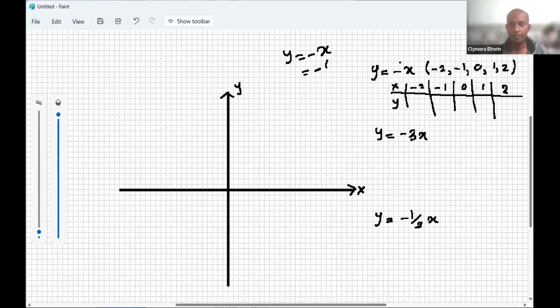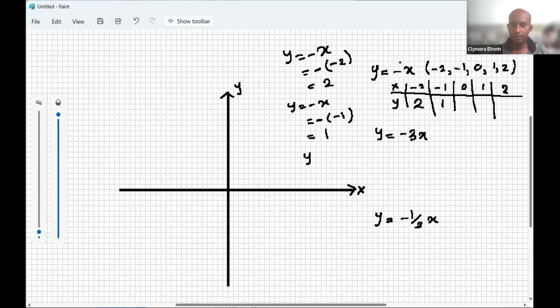In front of x there's a minus sign, and x becomes minus 2. Minus into minus is plus, so it's plus 2. Next, I substitute x as minus 1. Minus into minus 1 is plus 1.